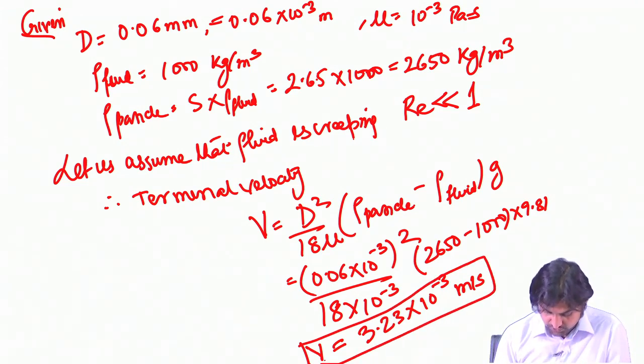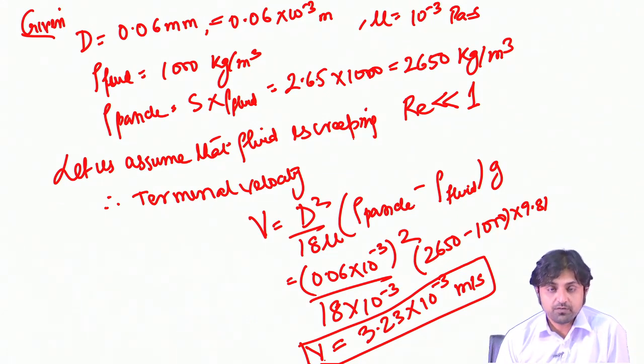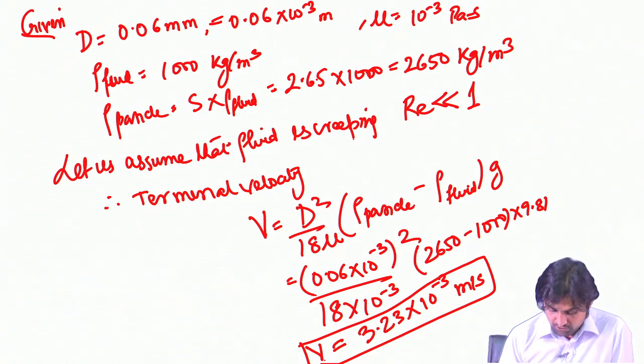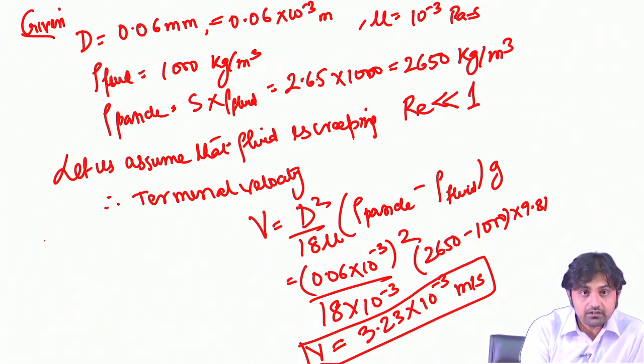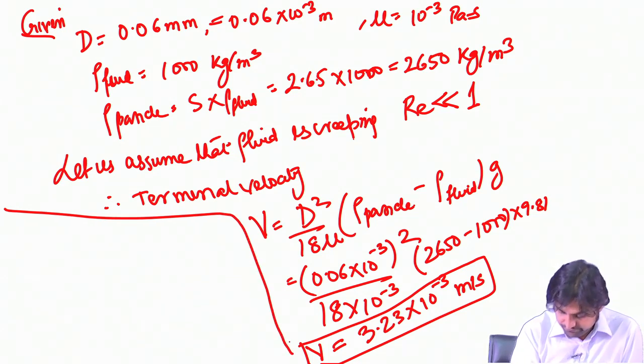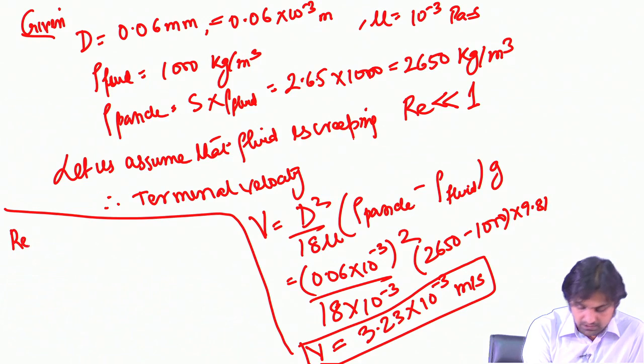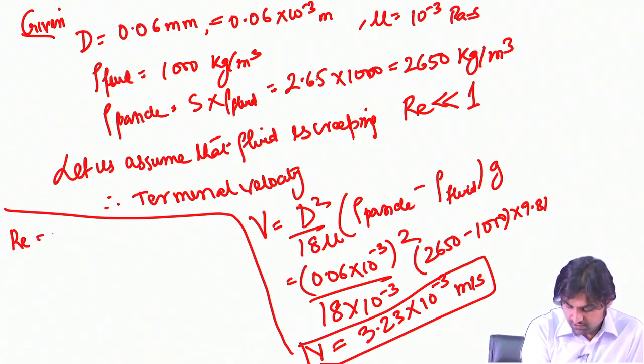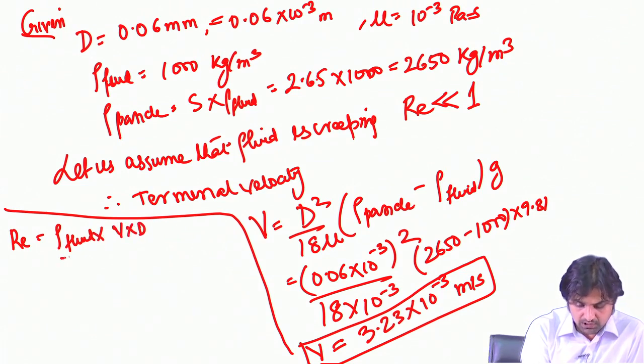Okay, so please note it down, but we have to check whether our assumption of creeping flow is correct or not. For doing that, in this slide itself, Re can be given as rho fluid into V into d by mu.